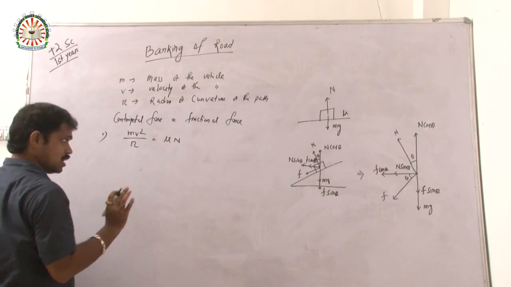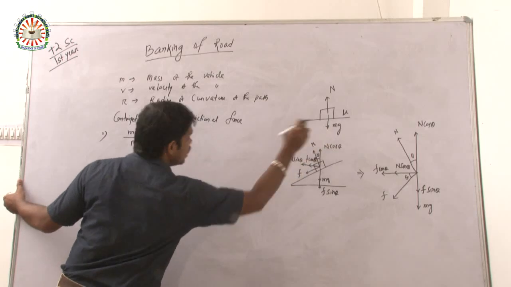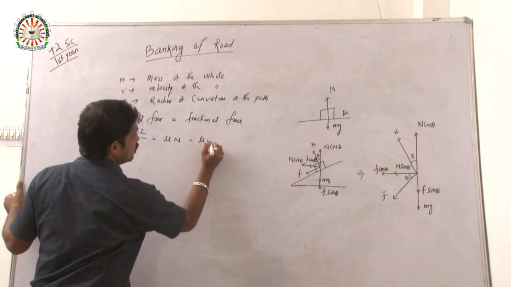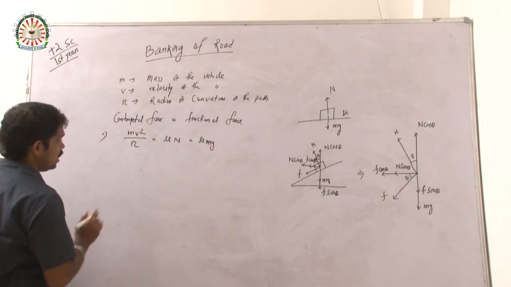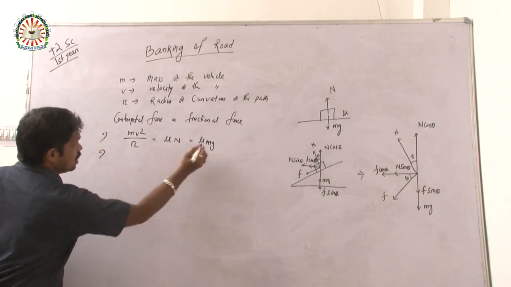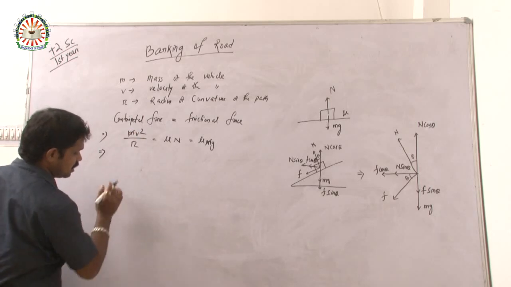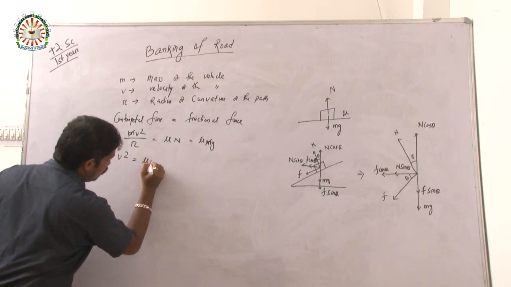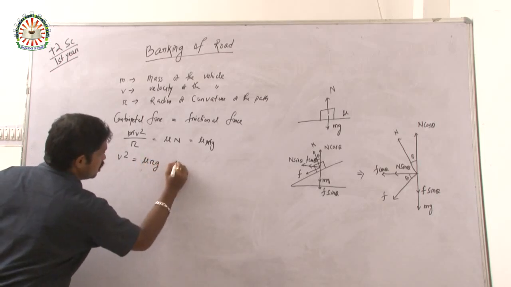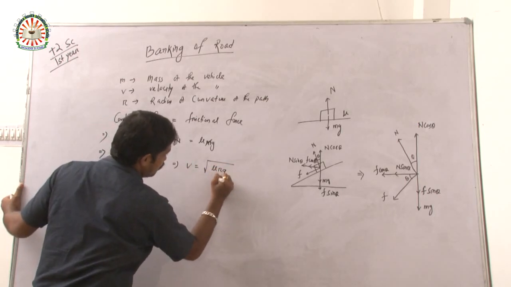Very simple. Now what is my normal reaction? The normal reaction is equal to mg. So this is mu into mg. Now this m and this m cancel out. So what you will get? v square is equal to mu rg. That implies v is equal to root over mu rg.